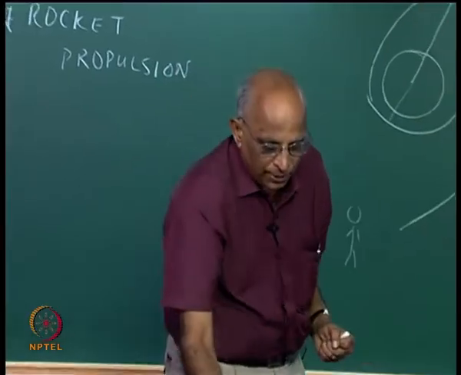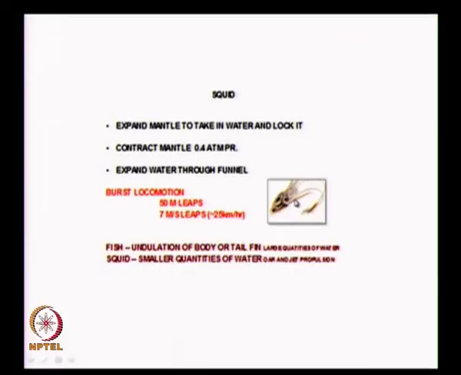If you really see, this is where I show the funnel again. It opens its mouth, water enters, it contracts itself, it closes the gate, compresses the water, releases the pressure, and then the water and whatever is available is squirted out and it moves.